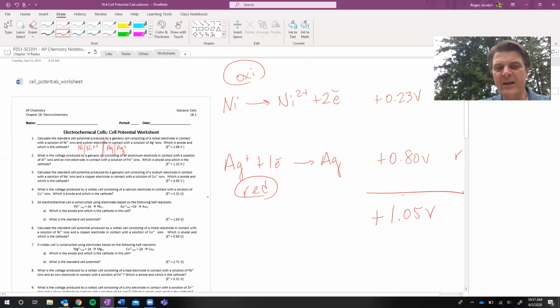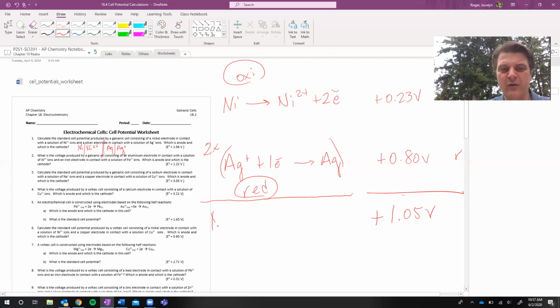The overall reaction is going to be, we're going to have to multiply the silver half by 2 for the electrons to be equal. Right? So the overall reaction is going to be nickel plus 2 silver+ gives nickel 2+ plus 2 silver.